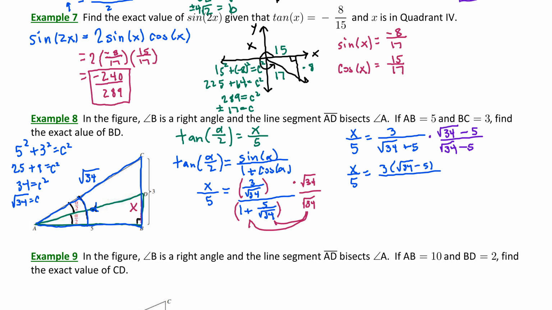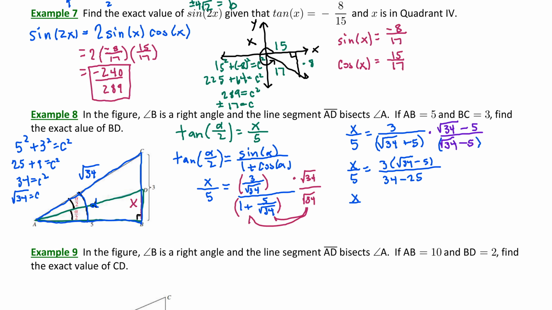Foiling the denominator, the product of the first two terms gives us 34. Outside and inside terms cancel, and the last have a product of negative 25. Simplifying, we have x over 5 equals 3 times the square root of 34 minus 5, divided by 9.